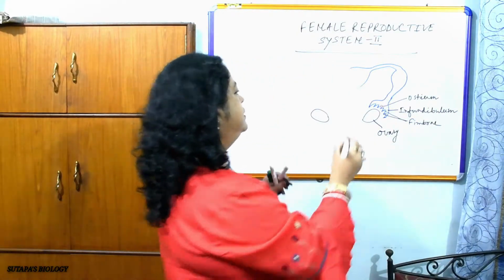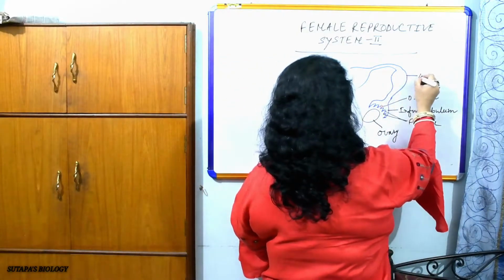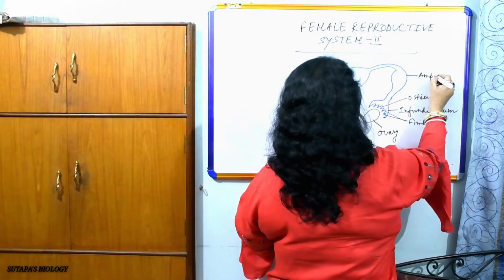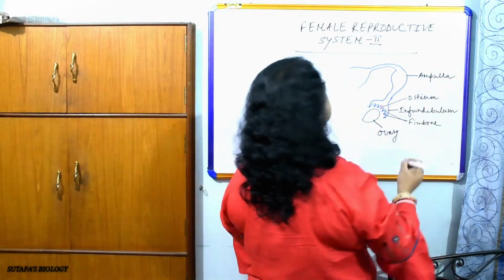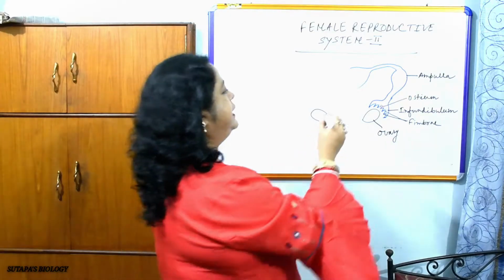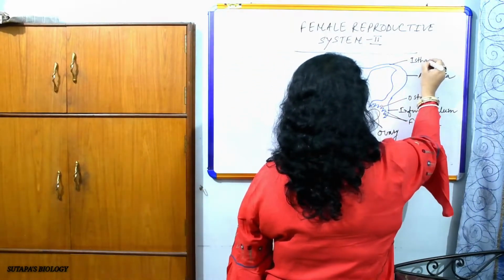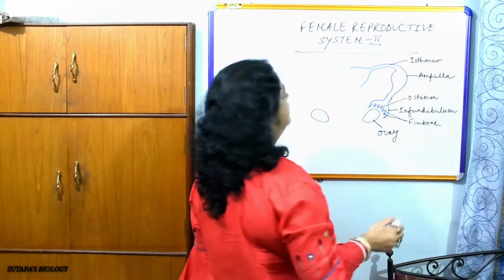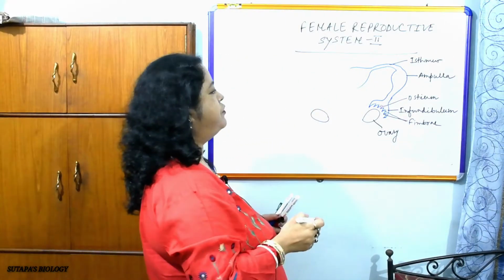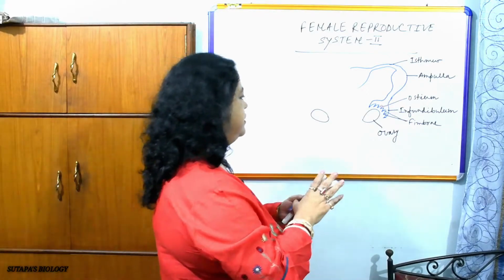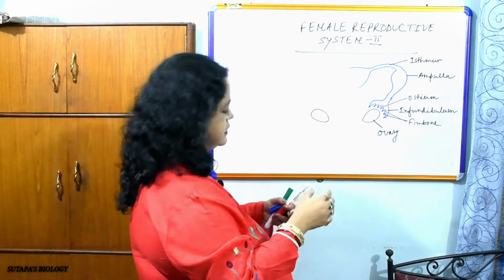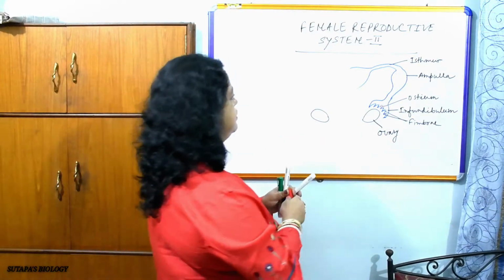After that this part is known as ampulla, which is the place of fertilization, and then the constricted part is known as isthmus. Now the isthmus spreads to form the uterine body, and then the structure of the uterus starts from here.